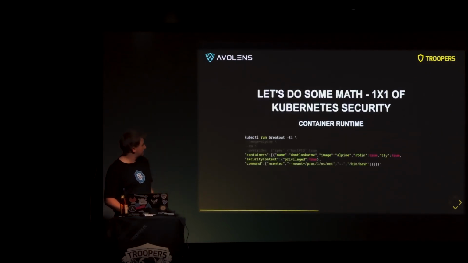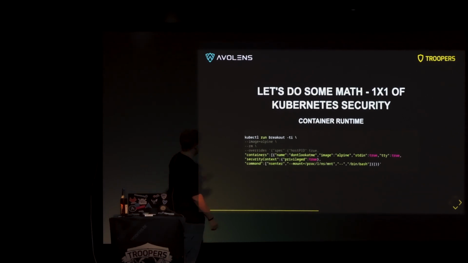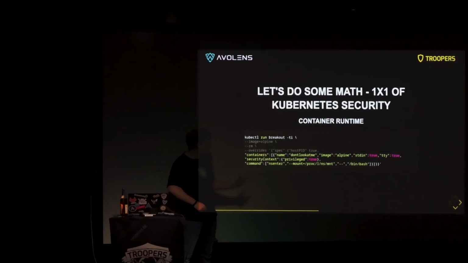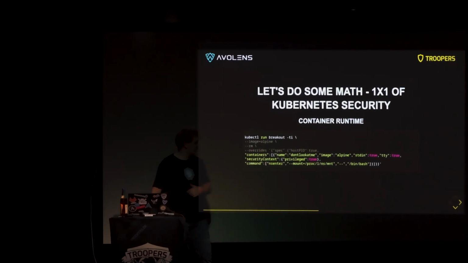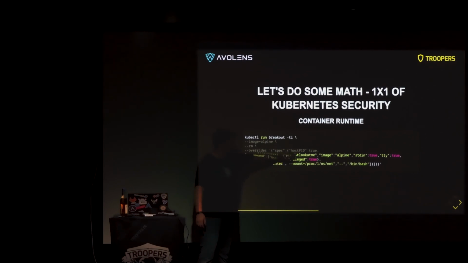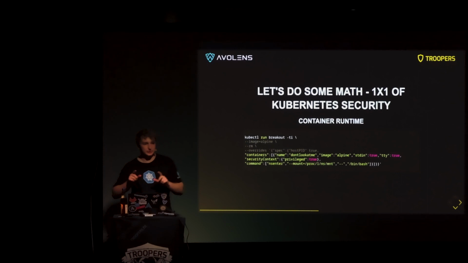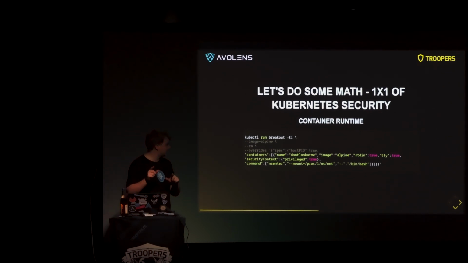Let's start with a container breakout if you don't harden your container runtime. What we're doing here is we run a pod. In this case, it's named breakout. We override the YAML we deployed. For example, we are setting hostPID to true, so our pod can actually see and use the host process IDs.